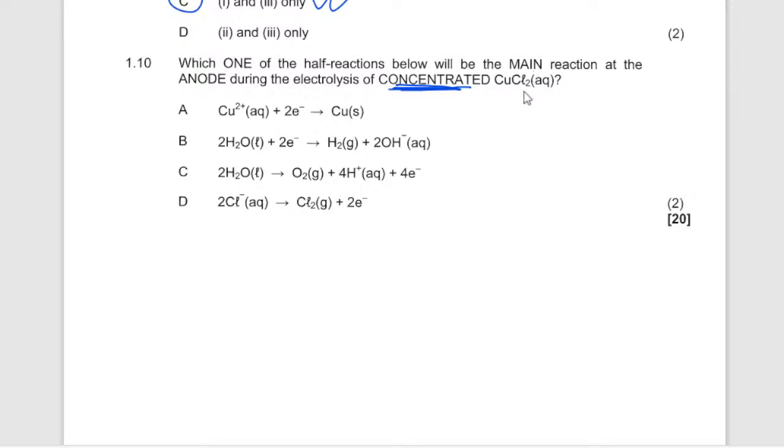It means we're going to have much more chloride, understand? The anode is positive in an electrolytic cell, so the chloride will go to the positive charge. Therefore, chlorine is going to be released there. So the most correct answer here is that chlorine is released, so D becomes the most correct answer.